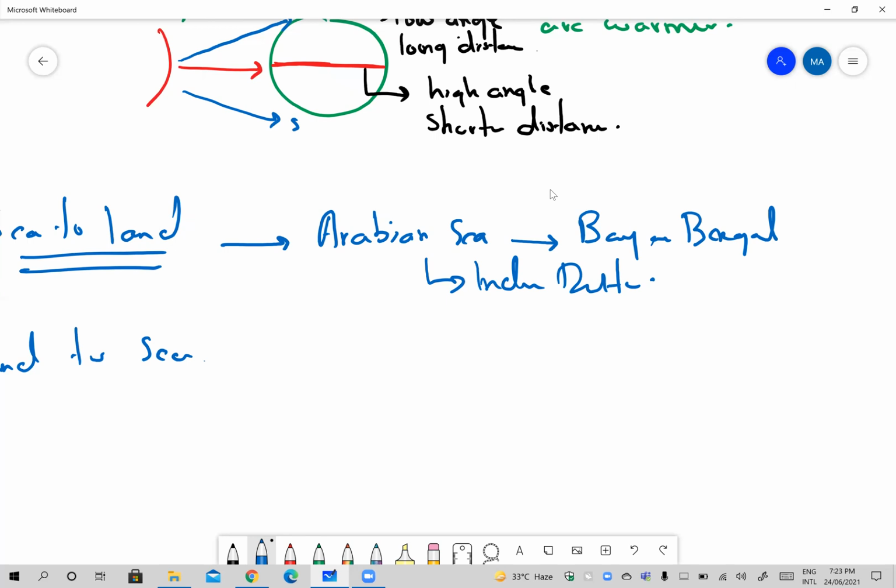So all of these areas of Bangladesh, India, Pakistan, they're affected because of these winds.